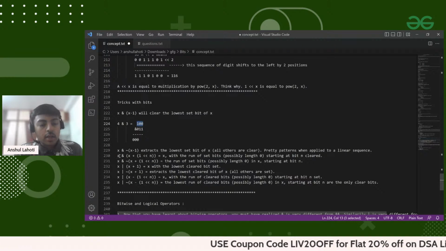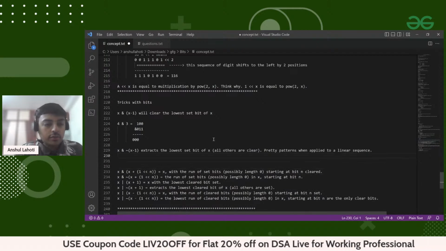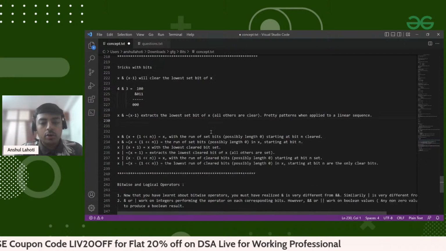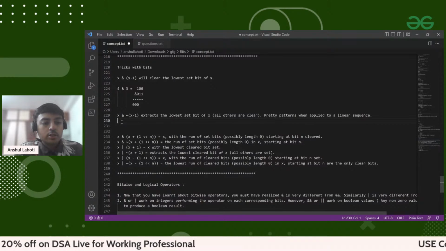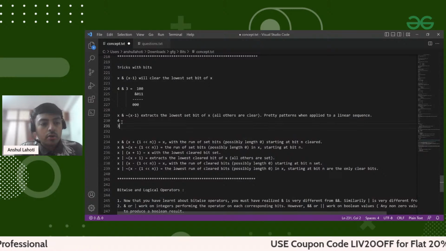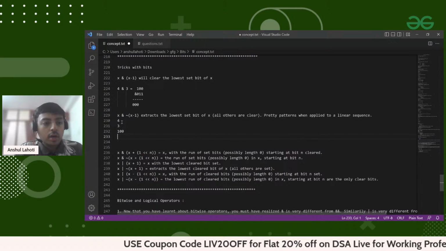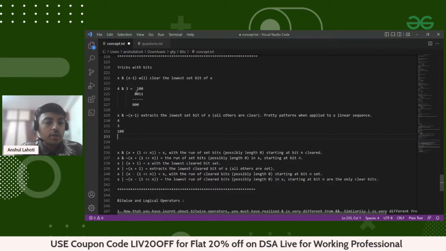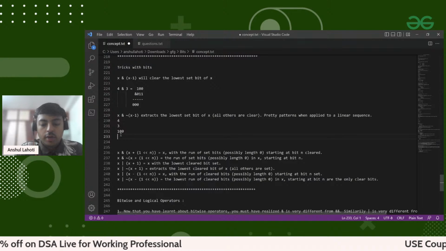I will take an example of this one also. Again I will take 4 and 3, and the NOT of them. Here it is the NOT operator. So we have the value 0 1 1, and the NOT gives 1 0 0.